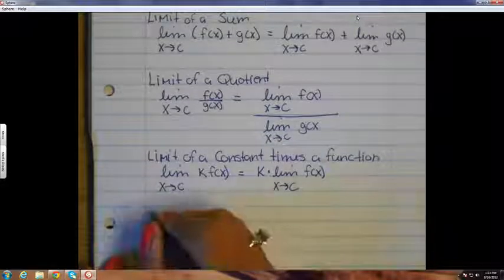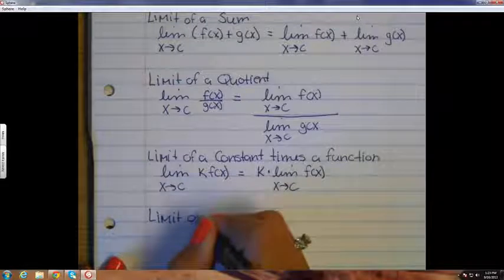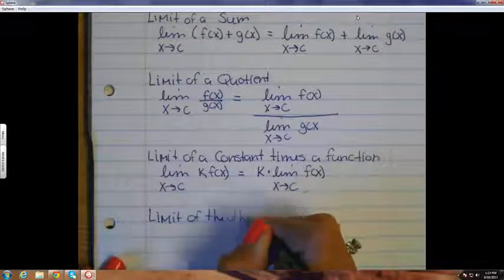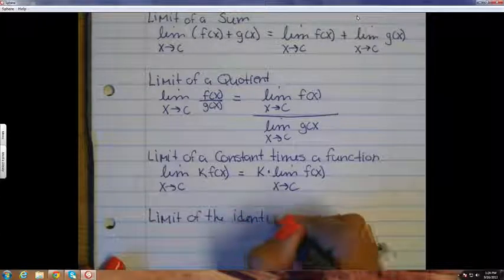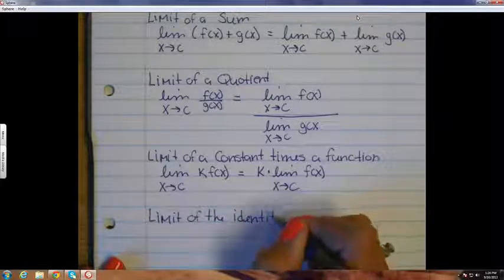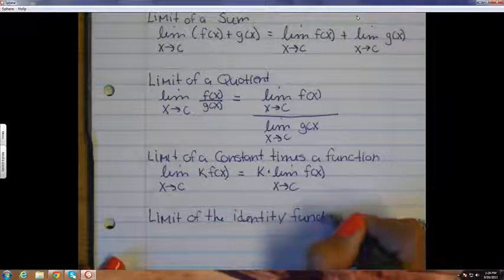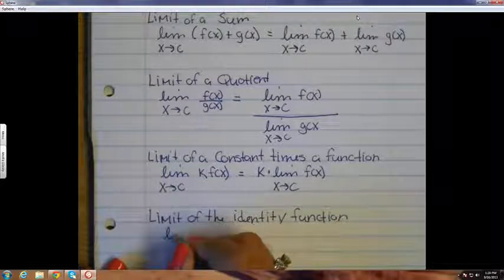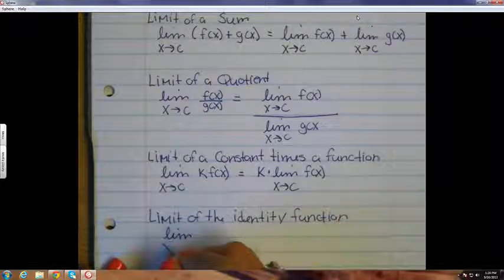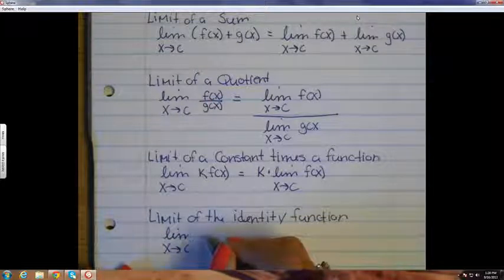The limit of the identity function. Which is just the limit as x approaches c of the identity function, which is y equals x.